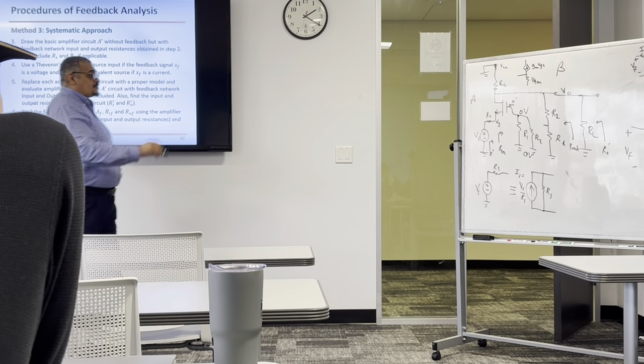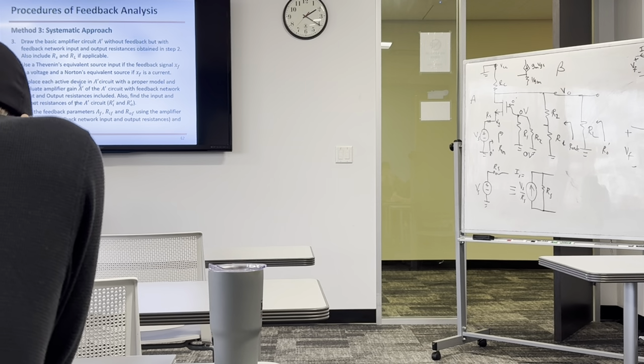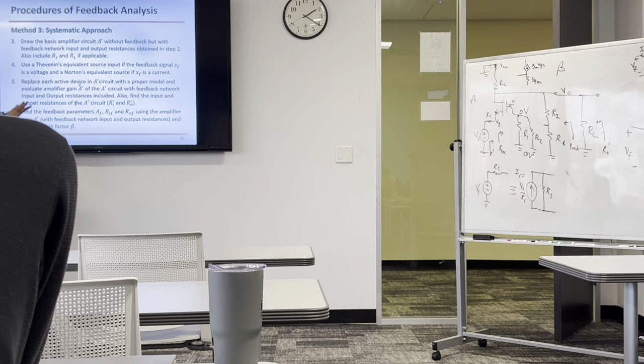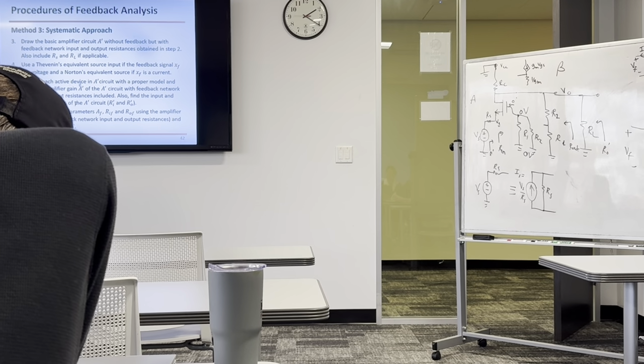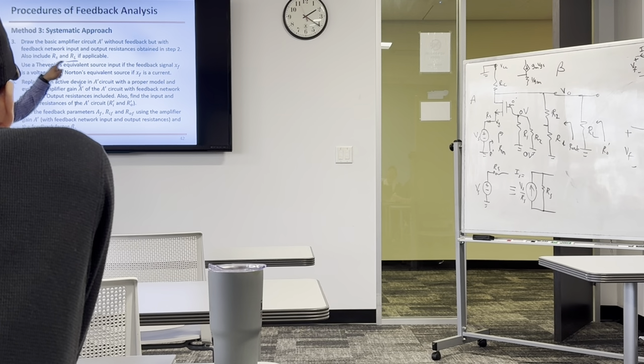Then do the analysis to find A prime. So this is going to be a feed-forward circuit, but with the effect of the input and output resistance of the feedback network. Also find Rin prime and Rout prime. And again, in Rin and Rout, you need to include these two.